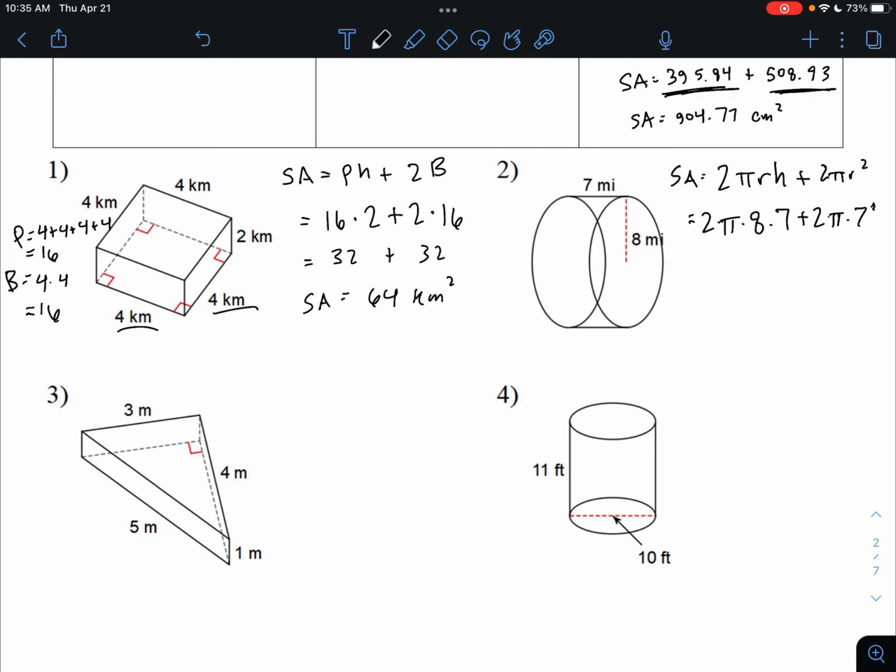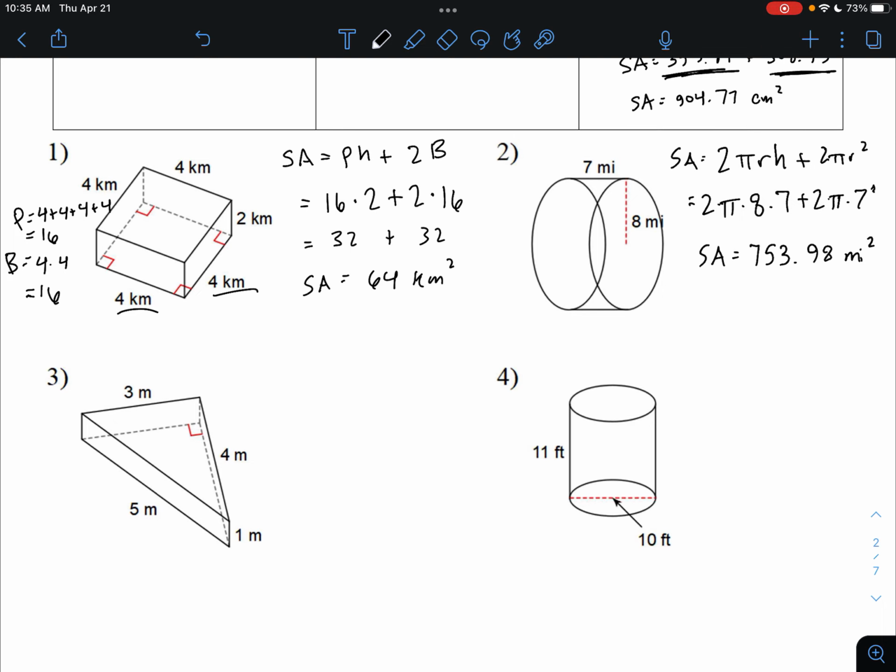If we plug this straight into the calculator, that will give us our answer, where the surface area is about 753.98 miles squared.